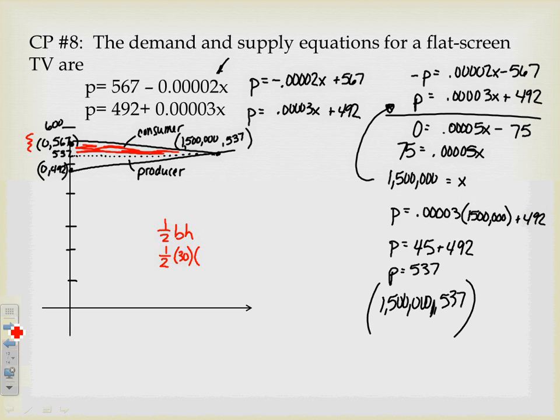And we have a height of, it's got to be the 1,500,000, which got us over there. And we have to crunch that out. So we have 15 times 1.5 million.